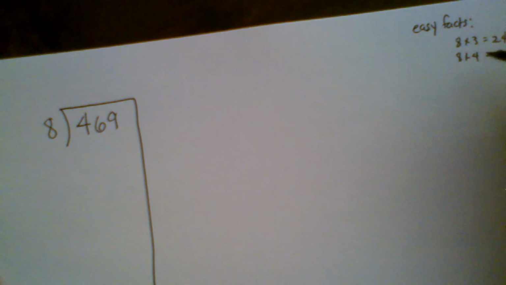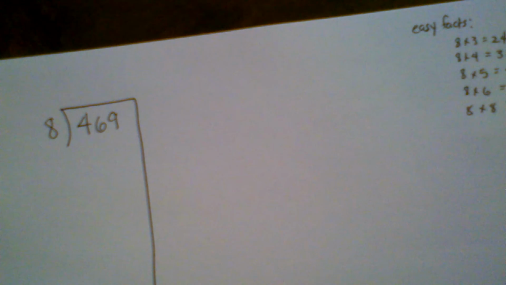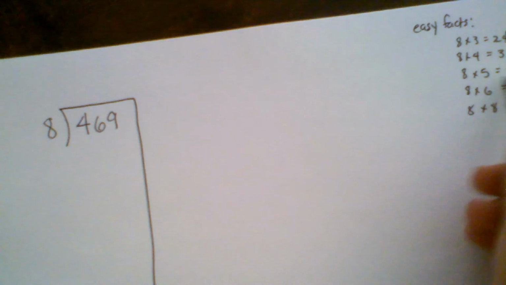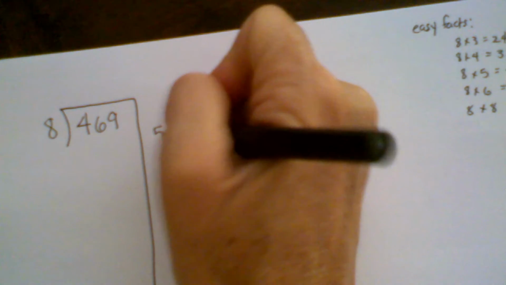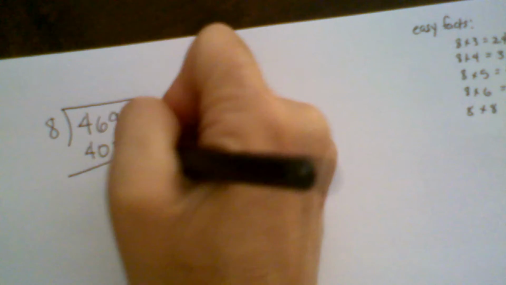We know that 8 times 5 is 40, because we're looking to get close to that 46, right? So we know that 8 times 8 is 64, but I think we've got something here. We can try that 50. If we know 8 times 5 is 40, we know that 8 times 50 gives us 400.